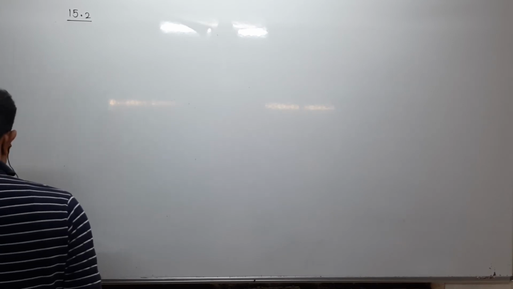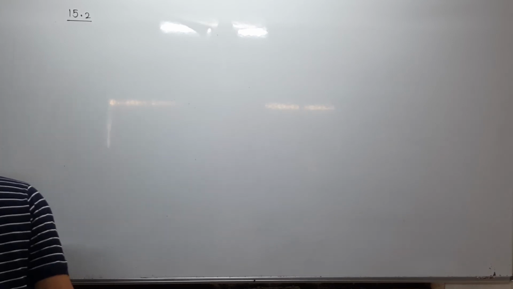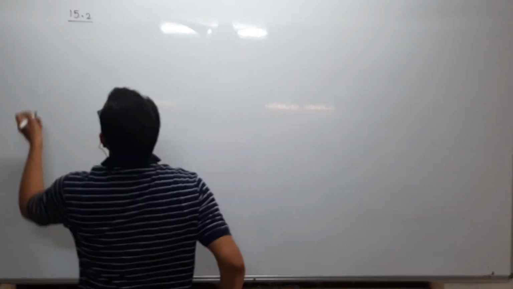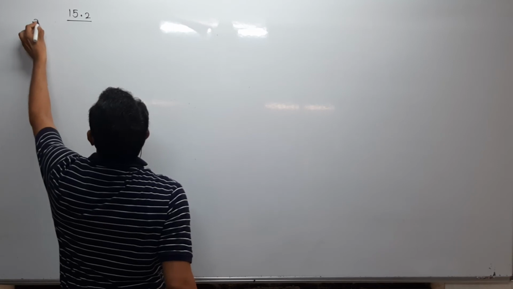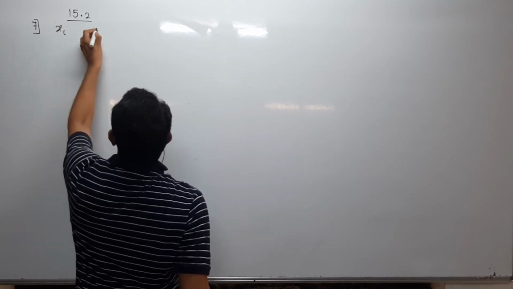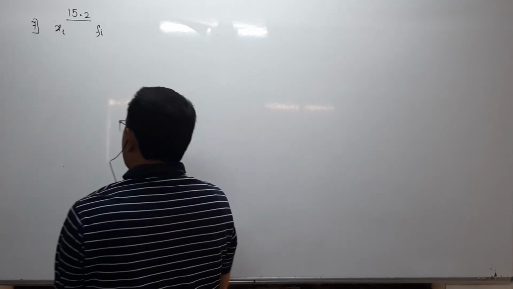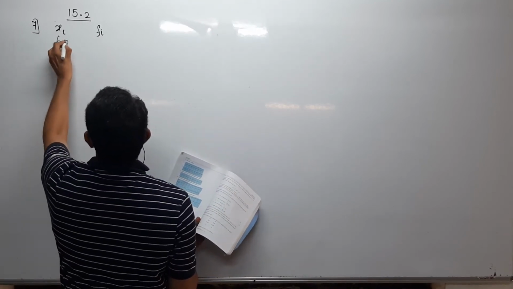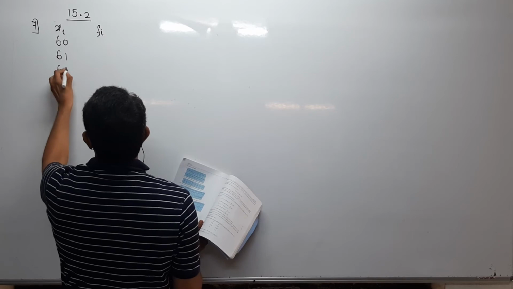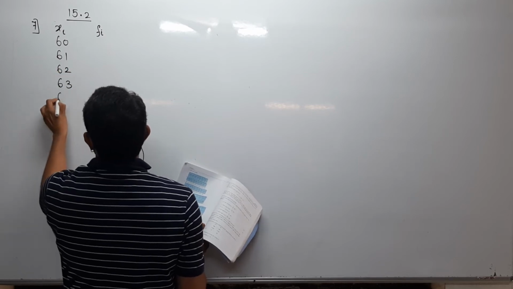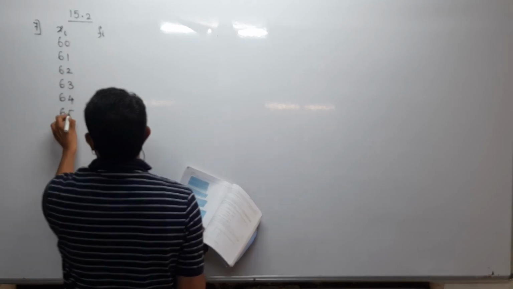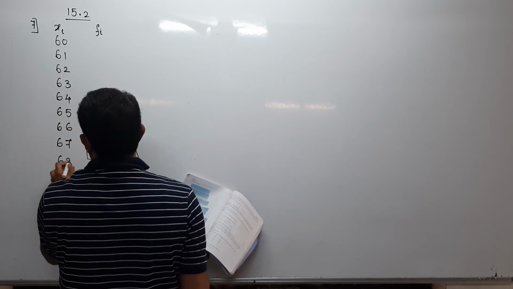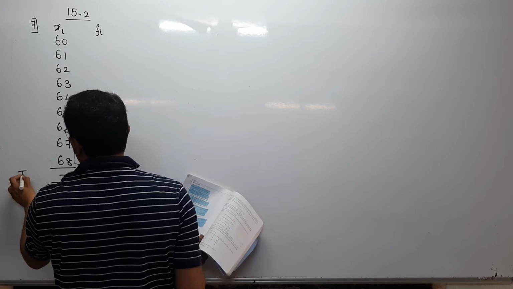Question 6. Using the shortcut method, find mean and standard deviation. Question 7, 6 we have done. So xi and fi. Xi goes from 60, 61, 62, 63, 64, 65, 66, 67 and 68.